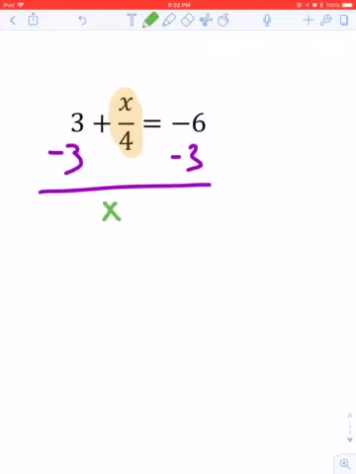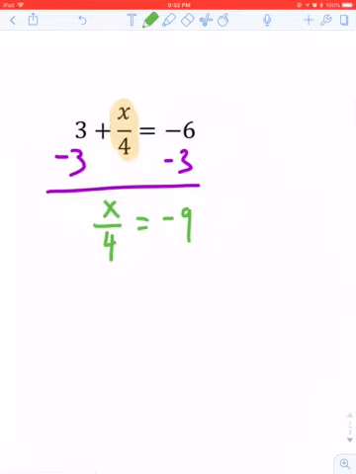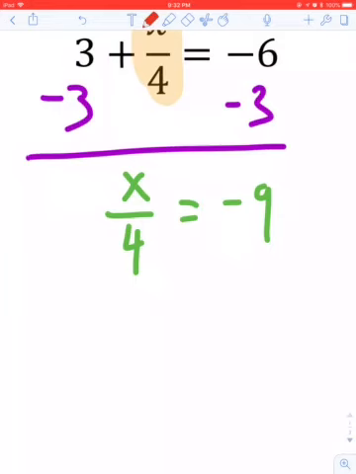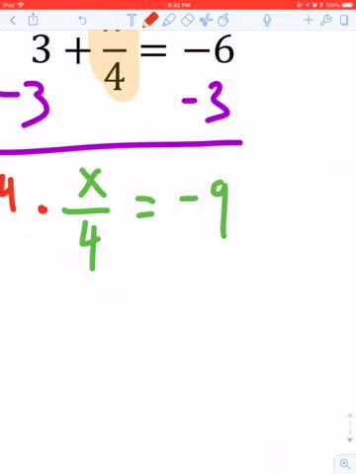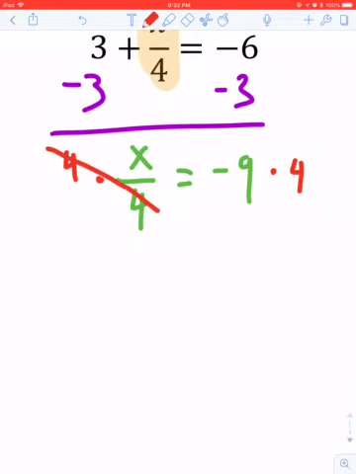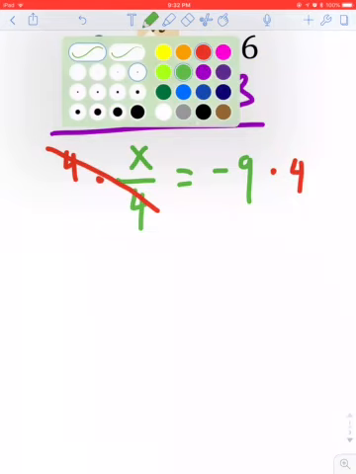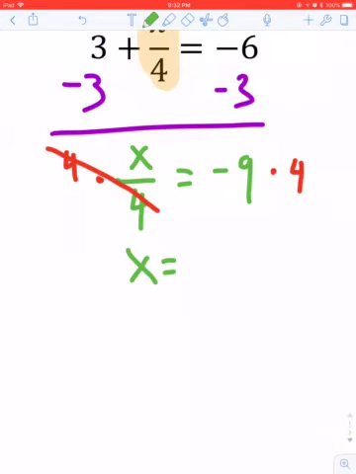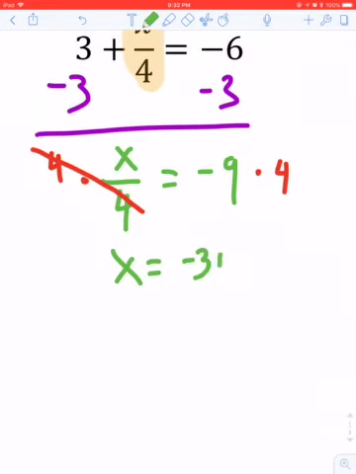So then I have x over 4 is equal to negative 9. Negative 6 minus 3 is negative 9. Then I see that it's a fraction. So to get rid of a fraction, which is just a division, I'm going to multiply. When I multiply, if I have a 4 on the top and 4 on the bottom, they go away. So I'm left with an x. And then negative 4 times 9, that's a negative 36.